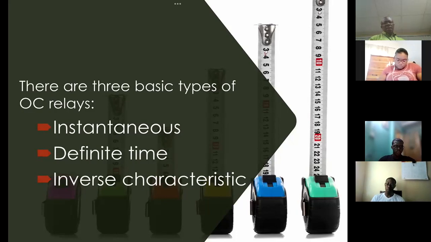For the definite time, again, once it exceeds the preset value, then it gives a specified time after which it will operate. And for the inverse relays, as the current increases, the operating time is reduced. So our main focus this afternoon into this evening will be on the inverse relays.